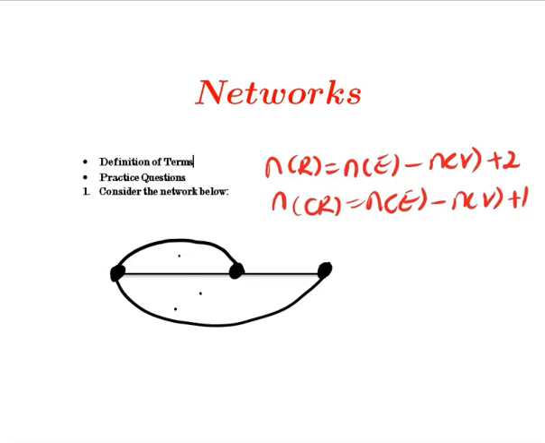And you can be asked the questions. State with reason whether or not the network is traversal. How do we verify if it's a traversable network? We said for it to be a traversal network, that's exactly 2 odd vertices.